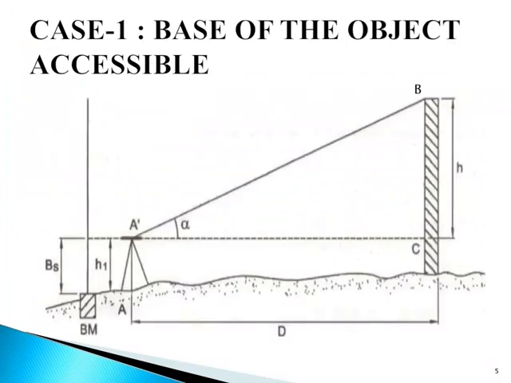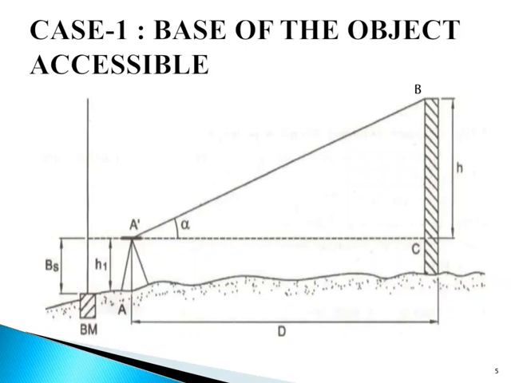Let us start with case 1. The first case is base of the object is accessible. Here you can see the image, the arrangement. Let it be assumed that the horizontal distance between the instrument and the object can be measured accurately. Let us consider a high object such as a chimney.